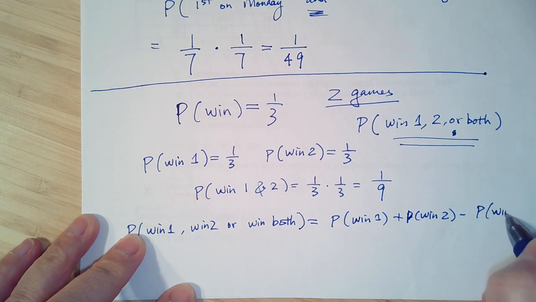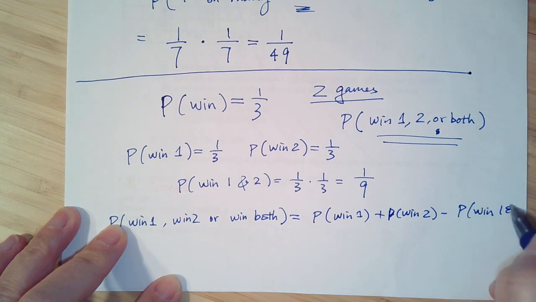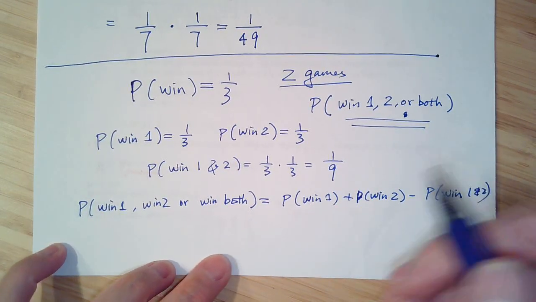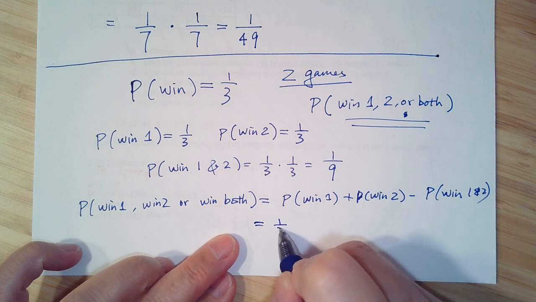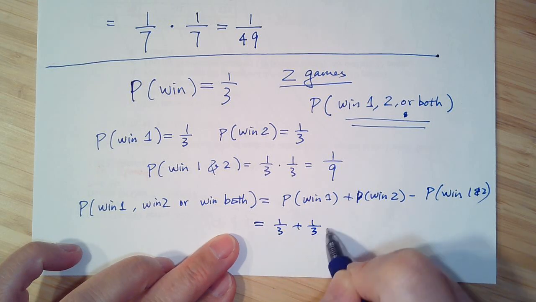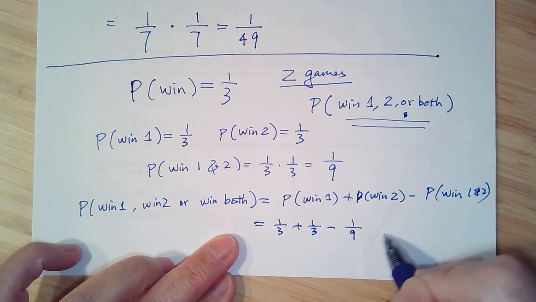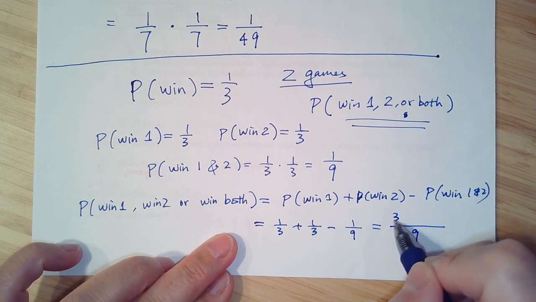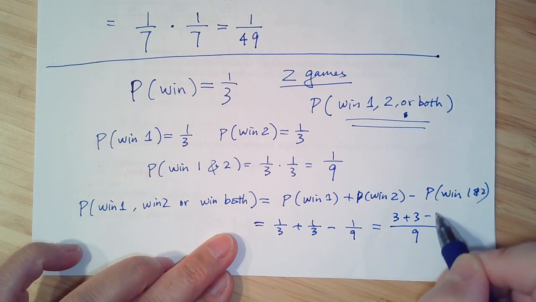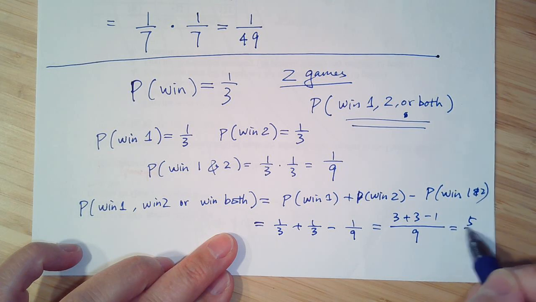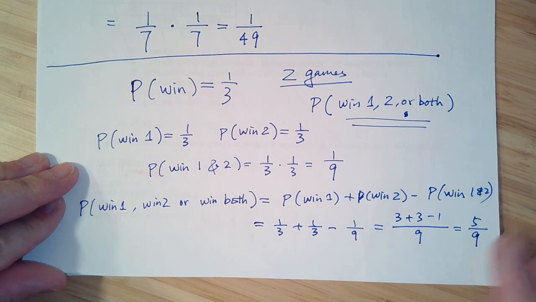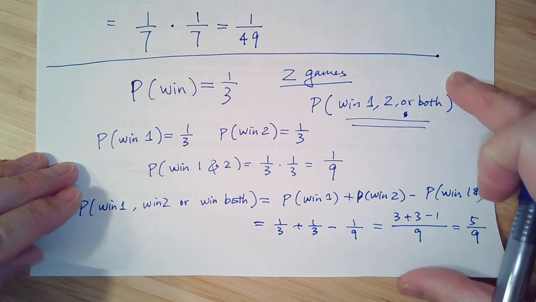Do you remember this? All right, that was the addition rule. So therefore that is 1/3 plus 1/3 minus 1/9, and we find the common denominator 9. So it's going to be 3 plus 3 minus 1, which is 5/9. Okay, so that is the probability that you're going to win something. Either 1 or 2 or both.